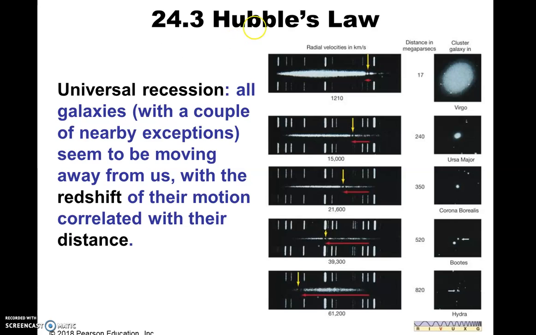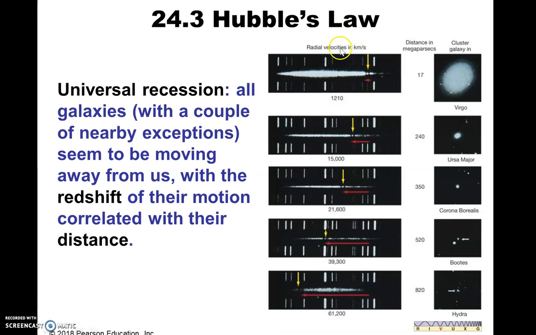What Hubble did is he looked at the galaxies themselves, and he found that every single galaxy seemed to have a redshift, and the further away the galaxies were, the more the redshift.